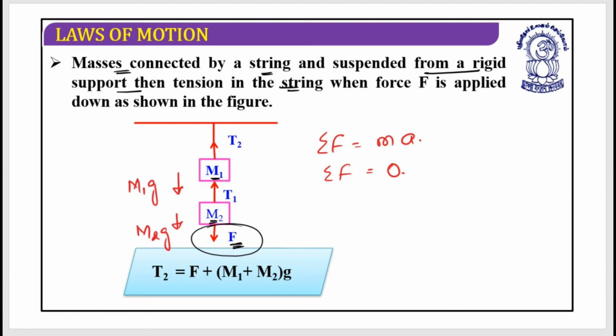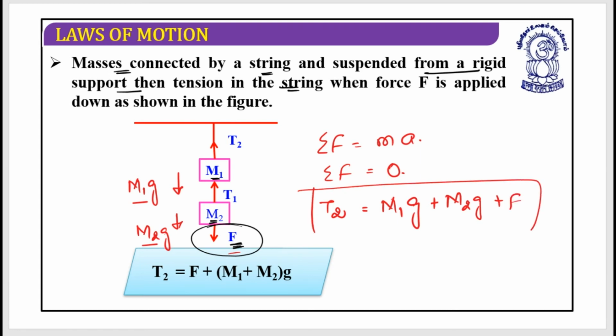Now write down all the forces that are acting in the upward direction, considering it as positive. That could be written as T2 equals all the forces acting in the downward direction: M1G plus M2G plus F. This is equal to T2.